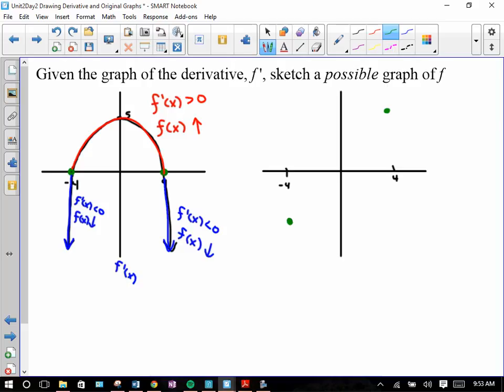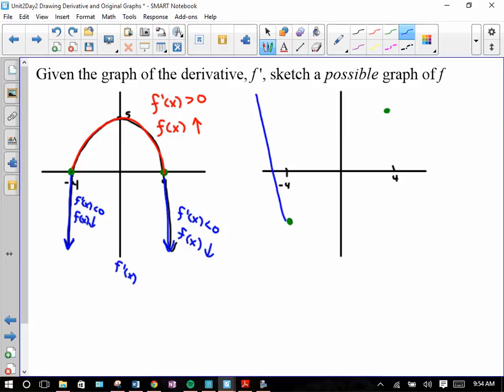So, at this point, we might be ready to start graphing. Okay? So, we know from negative infinity to -4, this function is decreasing. Right? So it's decreasing. Alright?